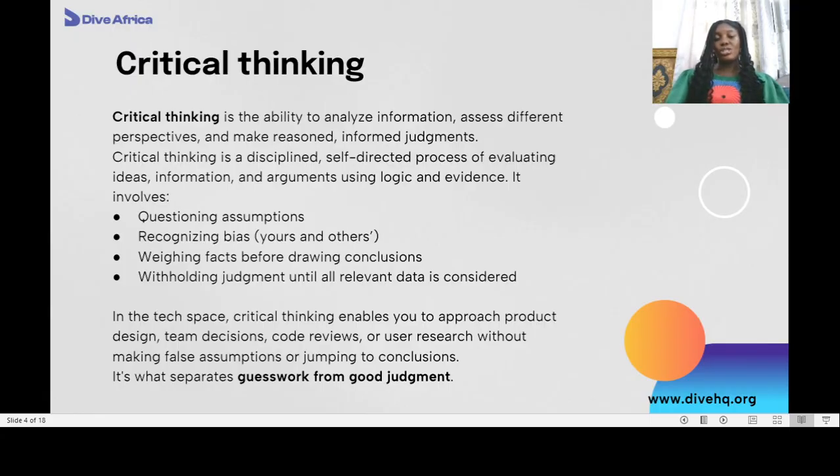So when it comes to critical thinking, you must be able to identify the problem and proffer a solution to that problem. So in summary, critical thinking is not about being the smartest person in the room.